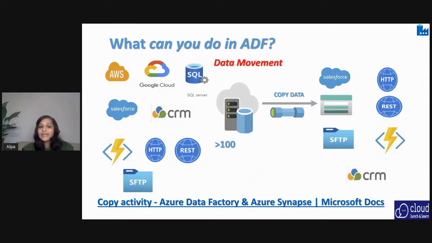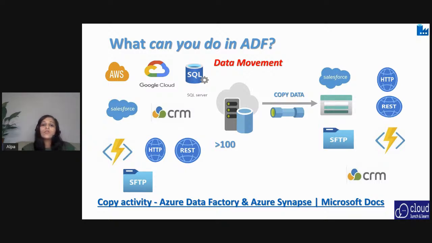And this is called data movement. So in Azure Data Factory, we can do data movement, and data movement is a very important part of a modern data warehouse, and it plays a very important role in extract, load and transform, or extract, transform and load in your data platform. So this is data movement.